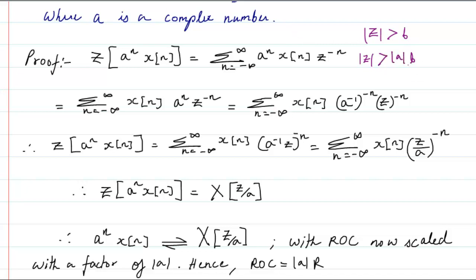So what has happened? In the old ROC, I have multiplied by the magnitude of a, correct?